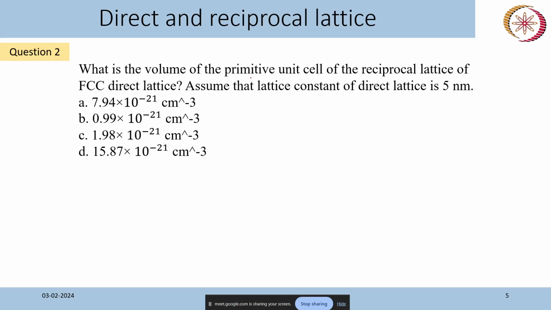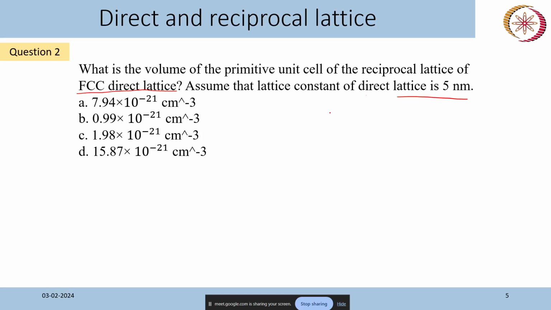Let's first not consider this lattice constant. Let's consider only the FCC direct lattice part, and we will do the calculation. You can do it along with me, and then in the final answer we will use this 5 nanometer lattice constant.